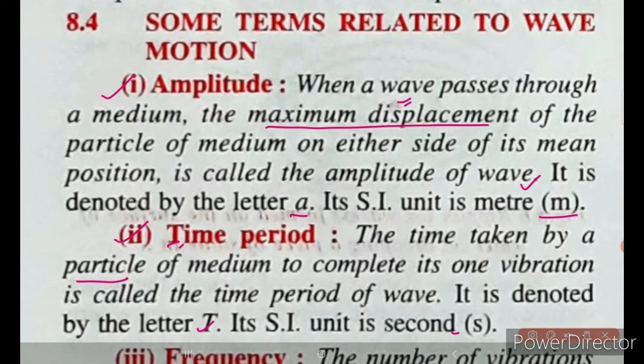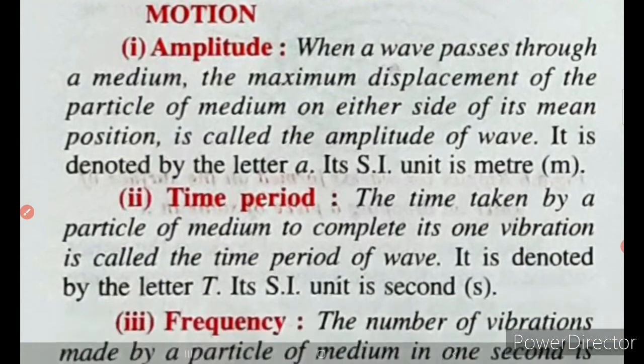Similarly, when the molecules in the medium vibrate in such a way that they go to one extreme position, come back to the mean position, go to the other extreme position, and come back to the mean position, that motion takes some time, and that time is known as the time period, or in simple words, the time taken to make one wave. We haven't discussed how much is one wave, therefore they are giving the definition in terms of the motion of the particles.